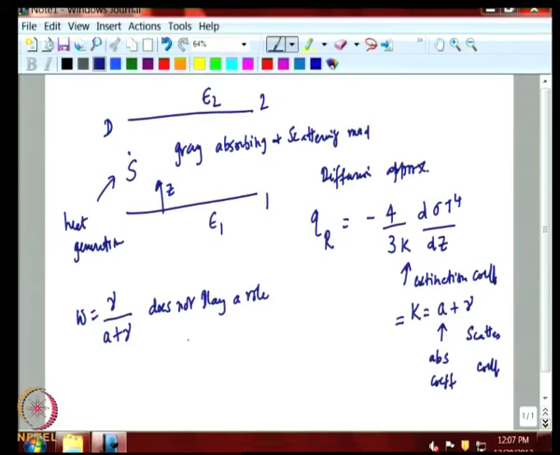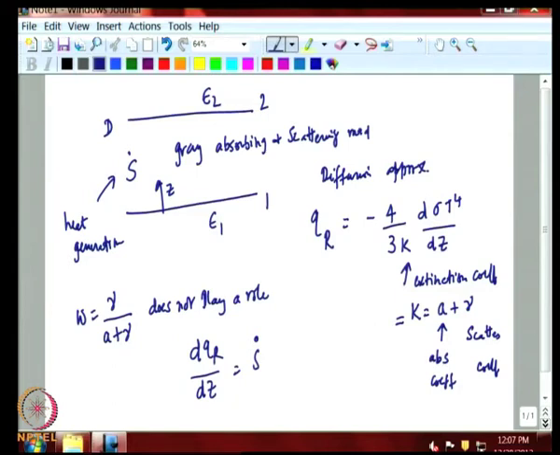Now, we also know that the first law of thermodynamics states that dq_R/dz has to be equal to S dot, the heat generation per unit volume.